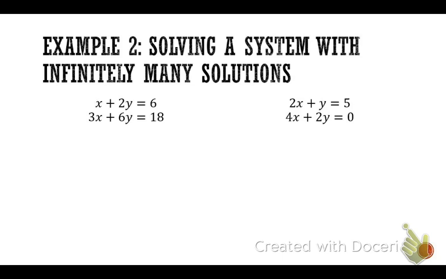So the top equation, what would I have to multiply x by to get that term to cancel with 3x? Negative 3. It's got to be negative because I need it to be negative 3x in order to cancel out with the positive 3x.